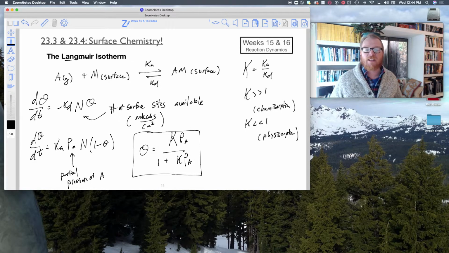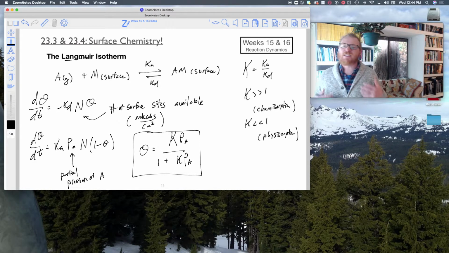So what's important about the Langmuir isotherm is it gives you a predictive way to, under a certain set of conditions, like if you know the partial pressure of A and you know this equilibrium constant, then you know how many monolayers will be present on the surface.